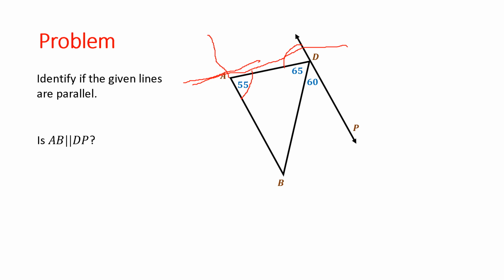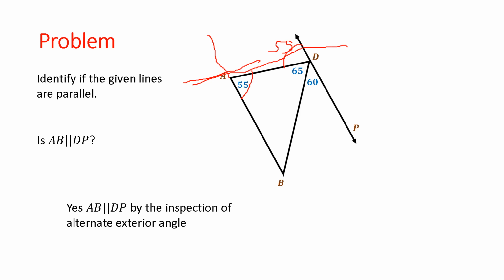If you prove that this is 55, we could say that AB and DP are parallel. If you add 65 and 60, that is 125. Then you deduct that from 180 because this is a semicircle, or half of a circle. So 180 minus 125, you get 55. If this is 55, therefore we can conclude that line DP and AB are parallel.